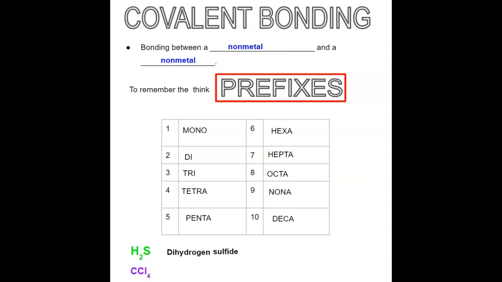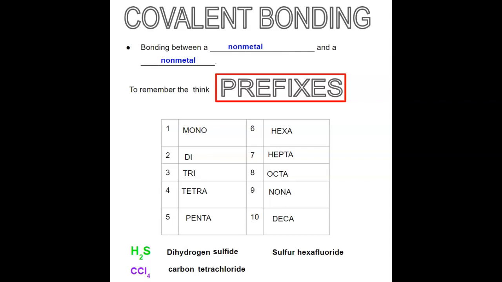Your next one is CCl4. Carbon just has 1, so it's carbon. Then you have 4 chlorines, 4 meaning tetra, so carbon tetrachloride. Here's when we go the other direction. Sulfur hexafluoride.